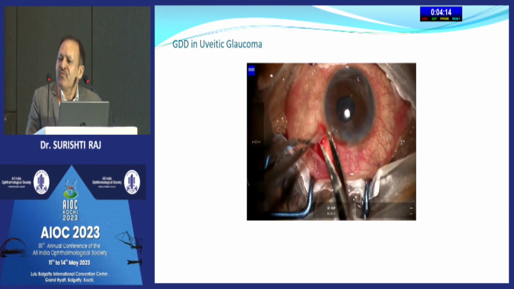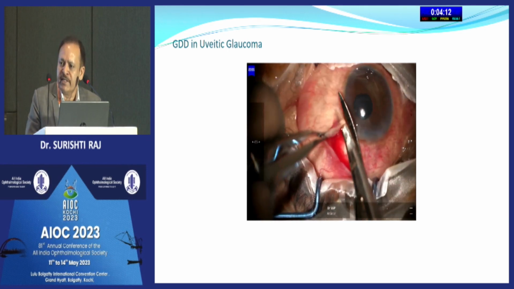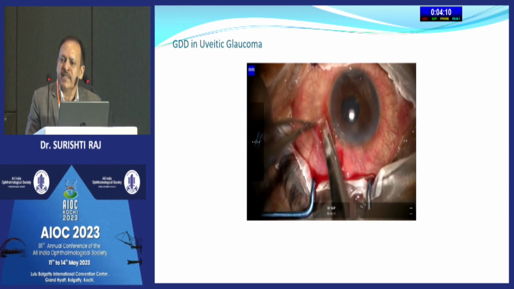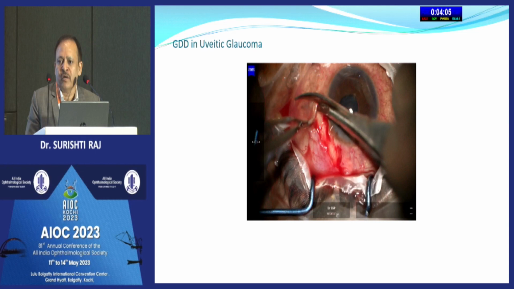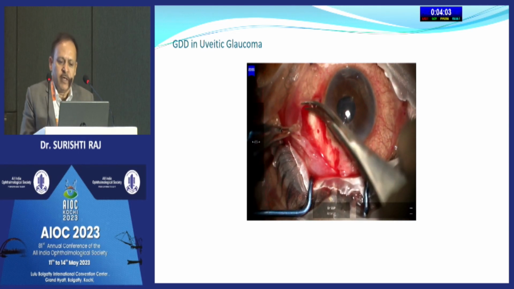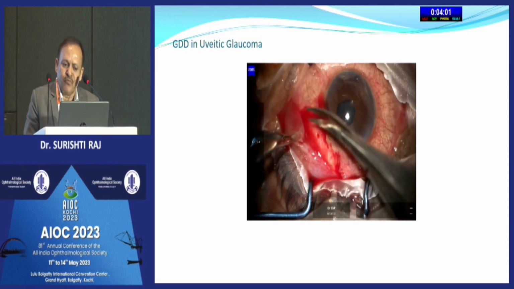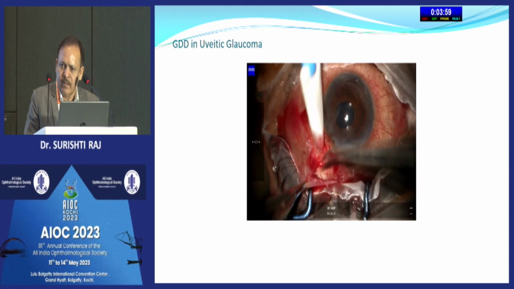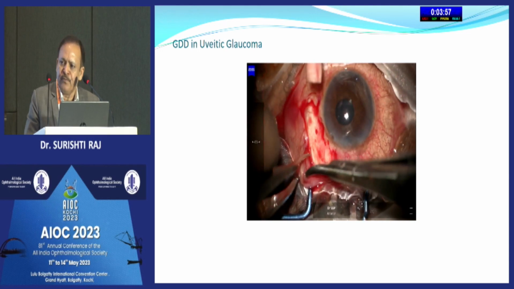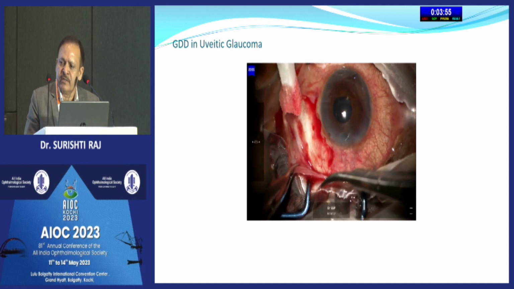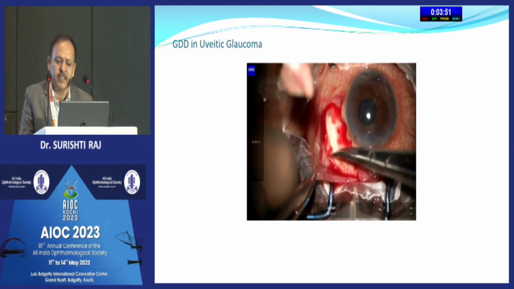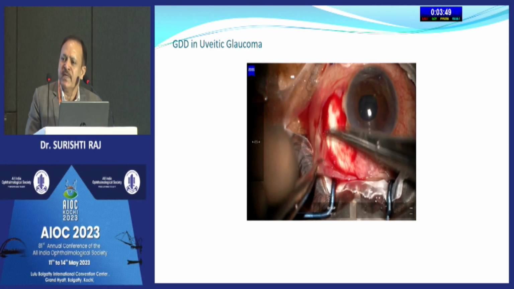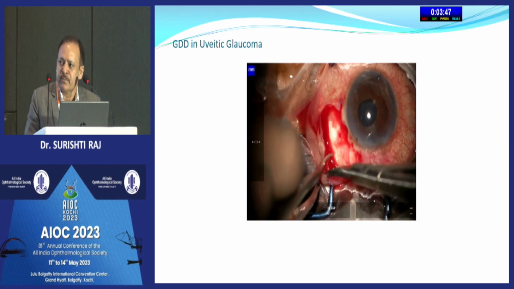Usually we prefer the same quadrant, that is the temporal quadrant, unless there is fibrosis and synechiae, then you can go for superonasal also. After creating the flap and deep pockets, we can place the plate. What I am showing is the AGV implant. This is placed between the superior rectus and lateral rectus muscle.